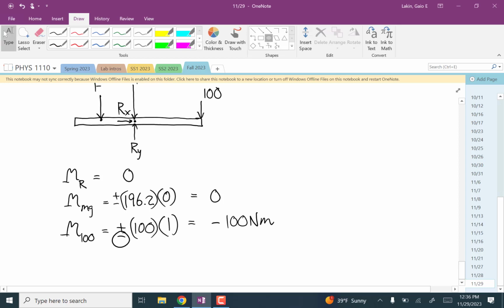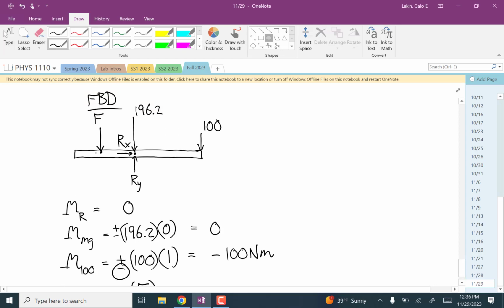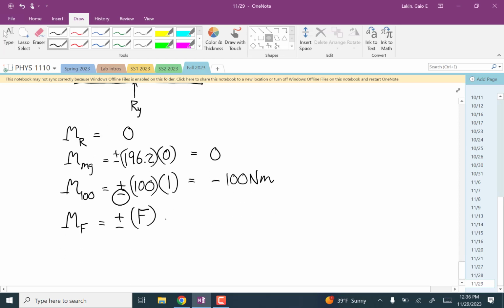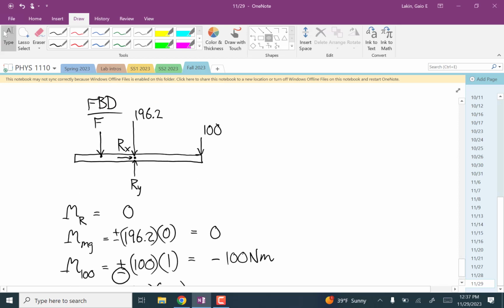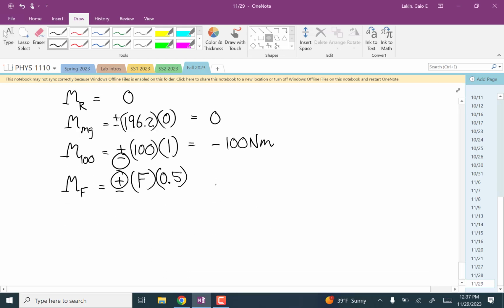And now the last one is that force F. So plus or minus F. What's the distance from that force F to the hinge? 0.5. And would that downward force F make it rotate clockwise or counterclockwise? Counter, yep. So this comes out to be positive 0.5 times F.